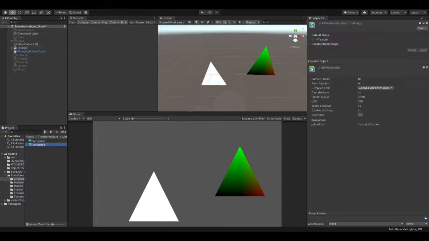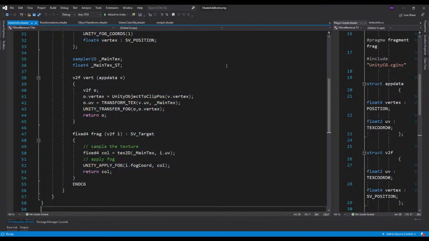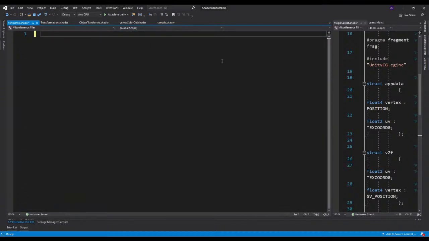Now, I'm just quickly going to open this vertex information shader, and here you go. I hope the text is also readable. So what I'm going to do is delete all the code, right? Now we are going to delete the code, and let's start writing the shader from scratch.